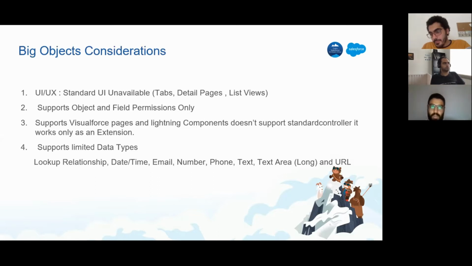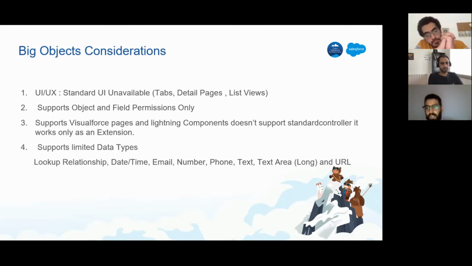Big objects do not support the standard UI for Salesforce. It has no tabs, no detail pages, no list views. So if I wanted to create something to visualize my big object records, what should I go for?